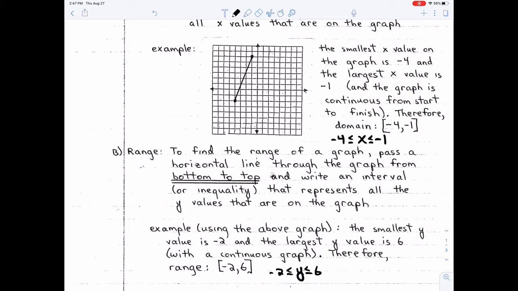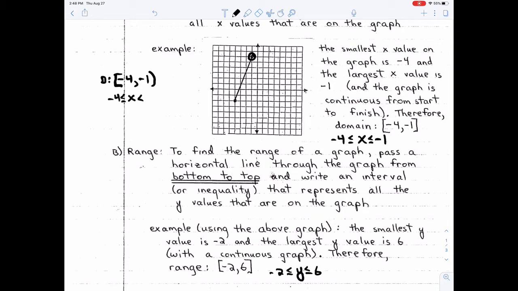I'm going to start saying some other stuff, though, and scribbling on the side of the graph. Don't write this part down. What if, though, this wasn't a dot but an open circle? Well, your domain would still be -4 to -1, but it would include the -4, but not include the -1. And your inequality, and again, you don't need both of them, you just need one or the other, would look like this.